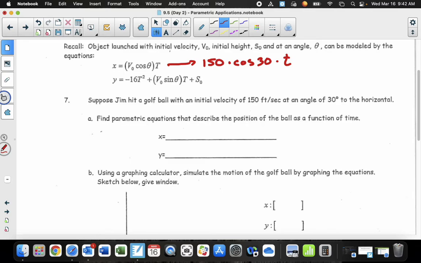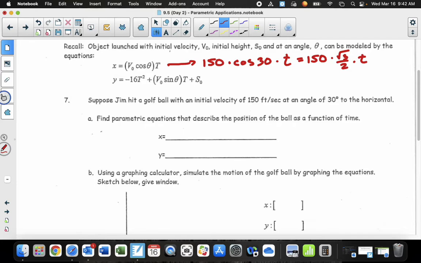And then let's simplify this just a little bit, because we've got 150 times, what is the cosine of 30? It's not super nice, but it is square root of 3 over 2. Yep. So let's take cosine of 30 out and put in what it actually equals. It is the square root of 3 over 2, and we still have t there. And now let's just clean it up a little bit. Let's simplify some stuff.